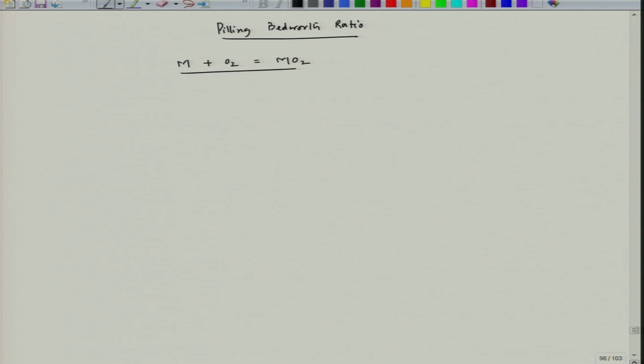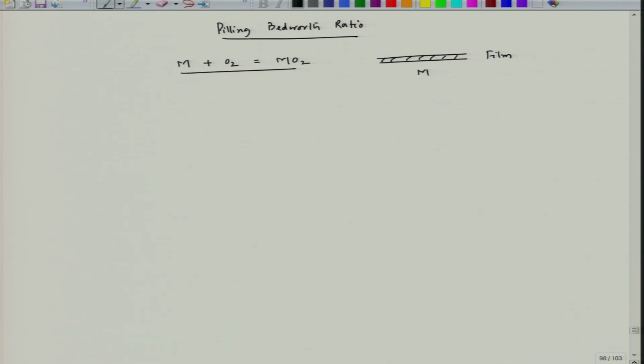Since the oxide is forming a film on the metal, that film either can cover the entire surface or it may not.